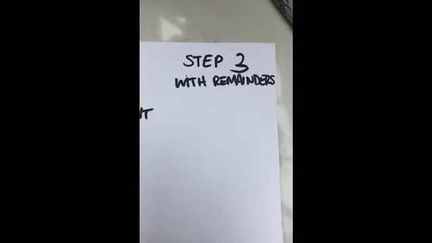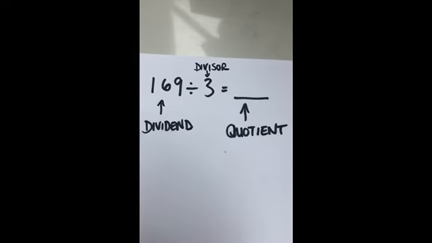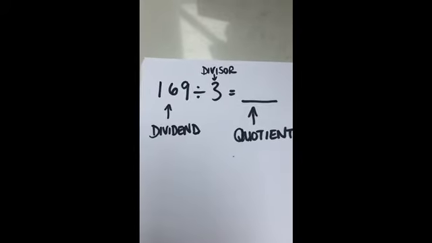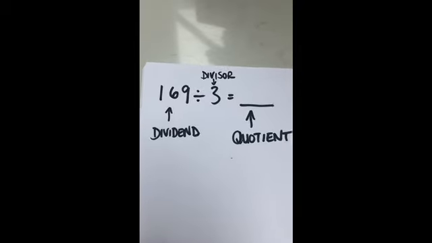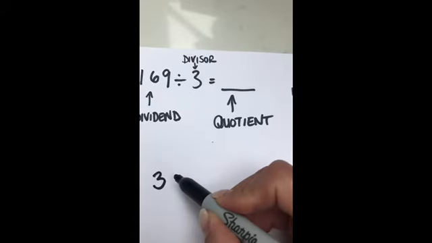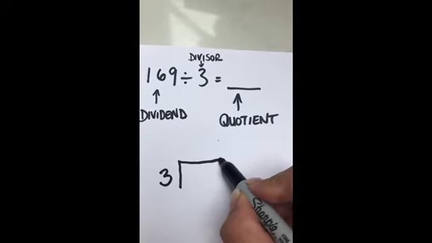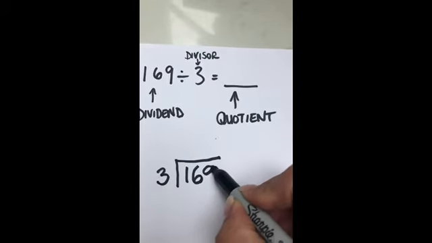So this is step 3 with remainders, and we are going to do this calculation, which is 169 divided by 3 equals blank. So as with all the other steps, we put the divisor first and then draw our bus stop, and we put the dividend inside.